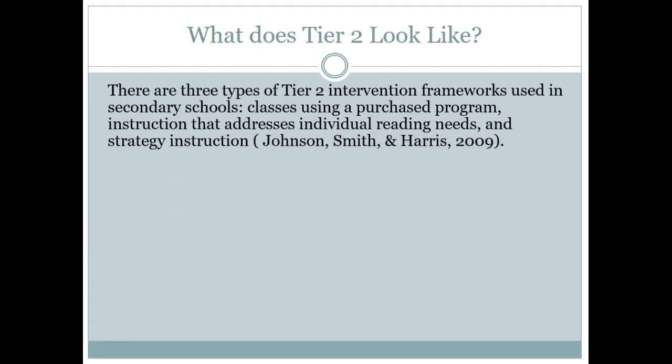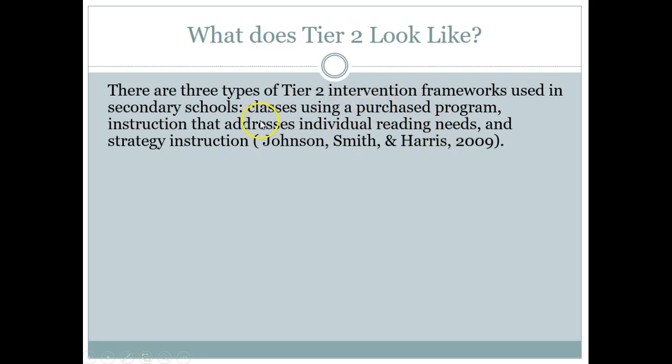Tier 2. There are 3 different types of Tier 2 intervention. One is using a purchase program. Another is addressing individual reading needs. And then the third is strategy instruction. So as you can guess, a purchase program is not going to meet the needs of very many students because it wasn't developed with your specific student group in mind.